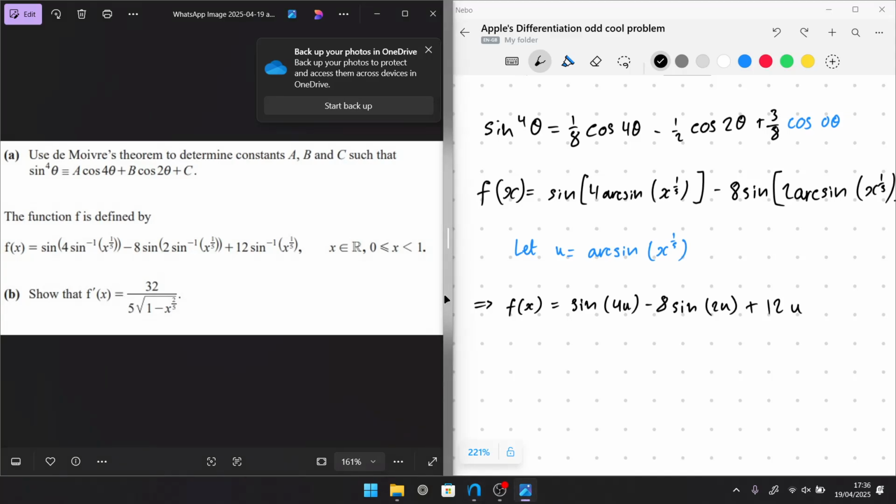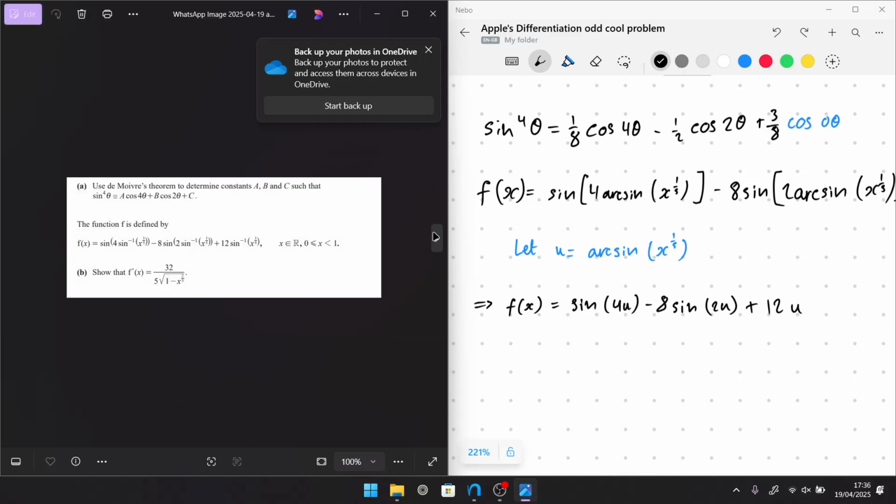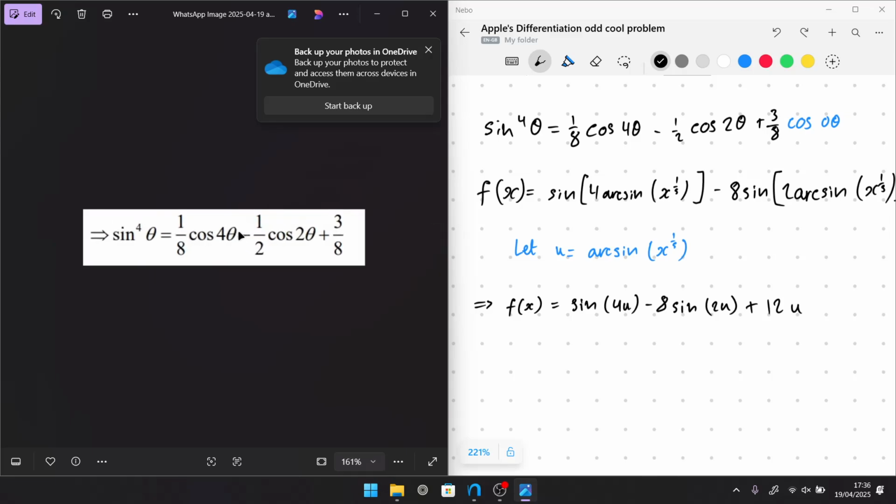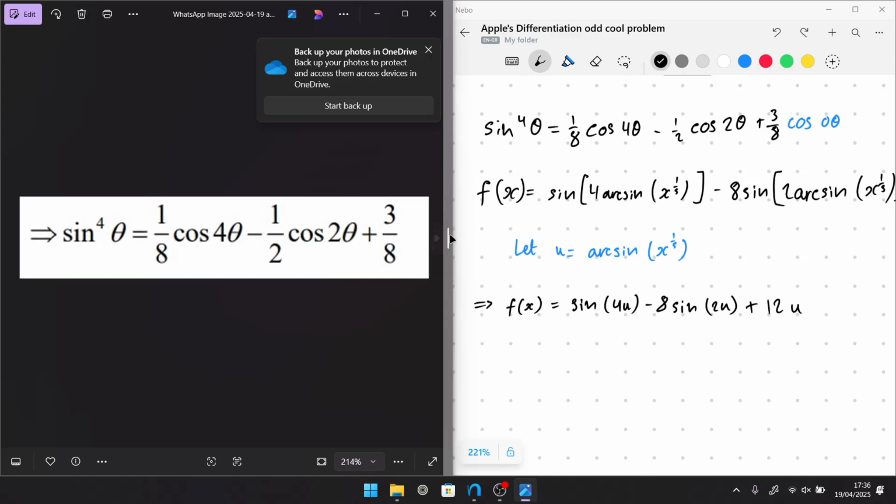These should be the correct coefficients. If I divide everything by 8, there's possibly another way to do this.